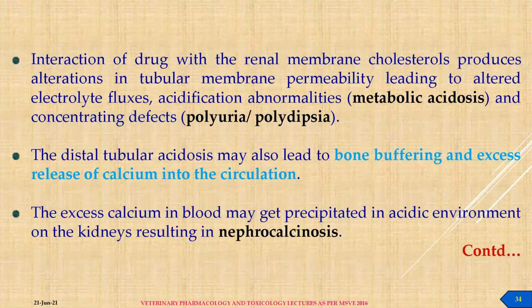Then the interaction of the drug with the renal membrane cholesterol produces alteration in the tubular membrane permeability, leading to altered electrolyte fluxes, especially potassium and hydrogen fluxes. This causes acidification abnormalities, that is metabolic acidosis, and concentrating defects like polyuria and polydipsia.